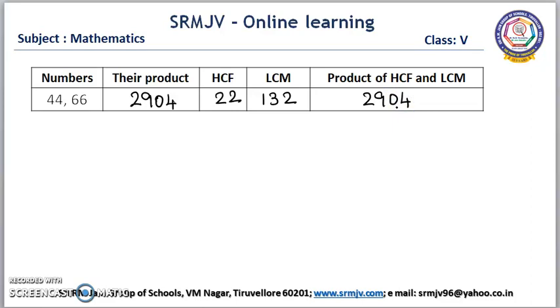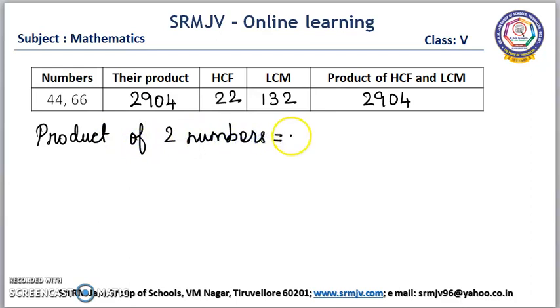From the table, it can be observed that the product of the two numbers is equal to the product of their HCF and LCM. Was it clear, children? Okay, children.